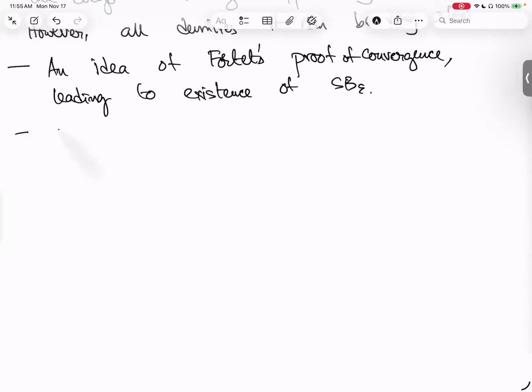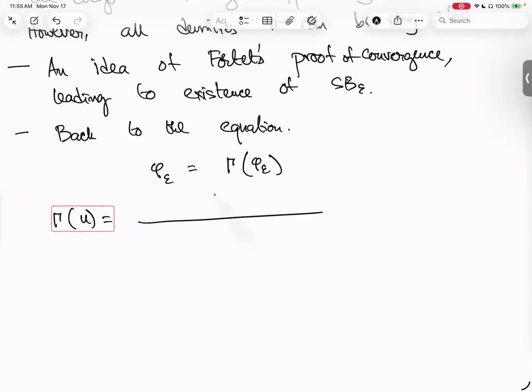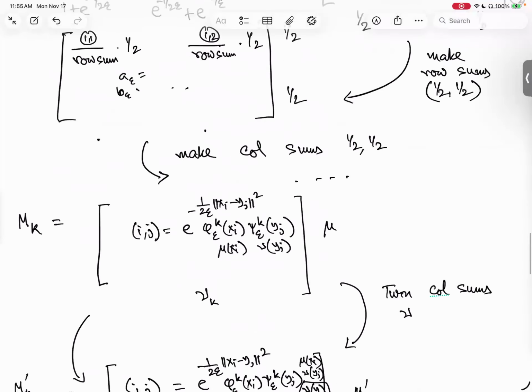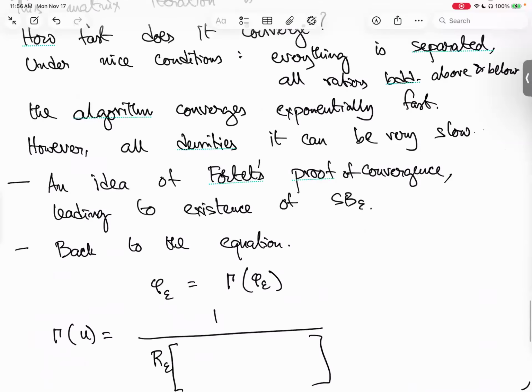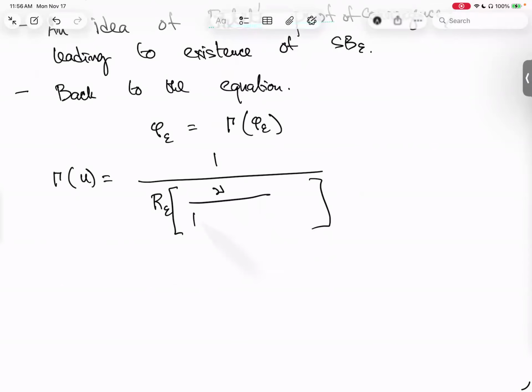Going back to the fixed point equation, I want phi epsilon equal to Gamma of phi epsilon, where Gamma of any function, let's say u, is 1 over R epsilon, nu over R epsilon, phi epsilon times mu.